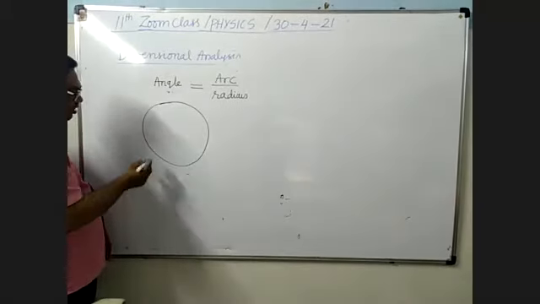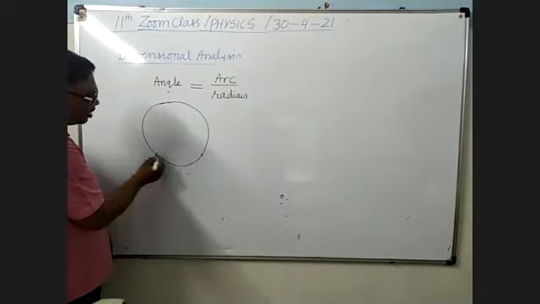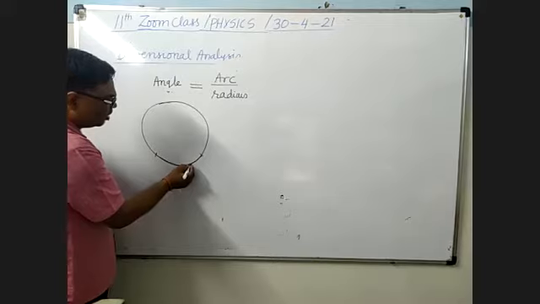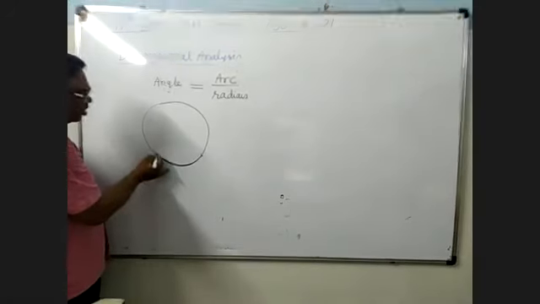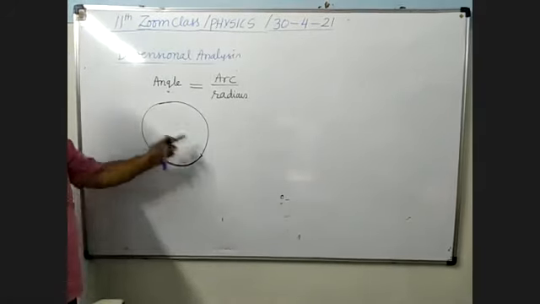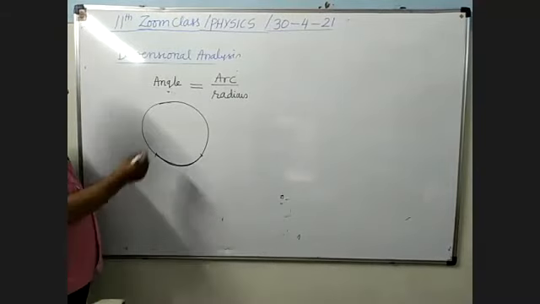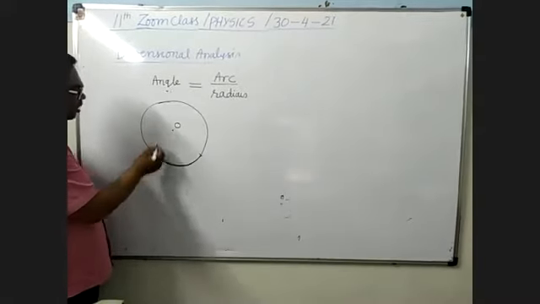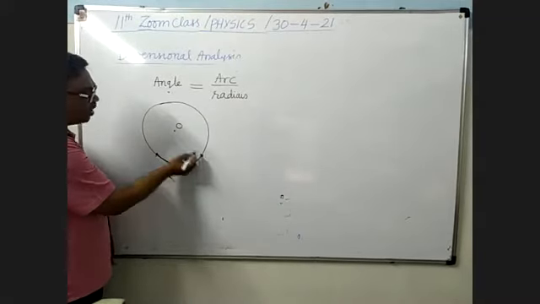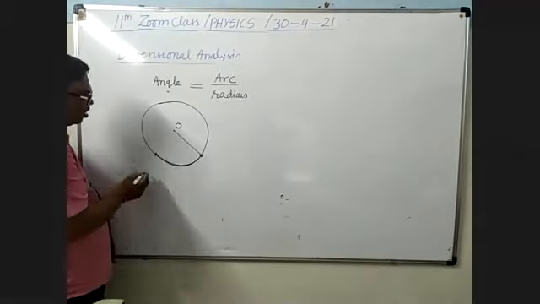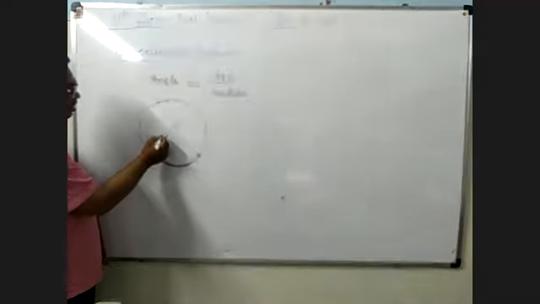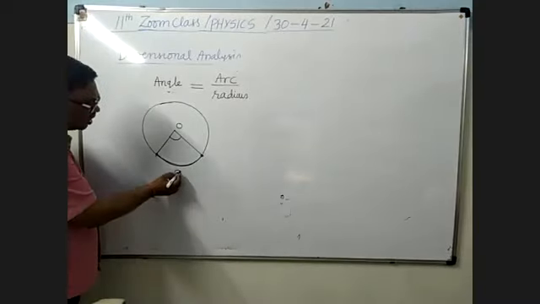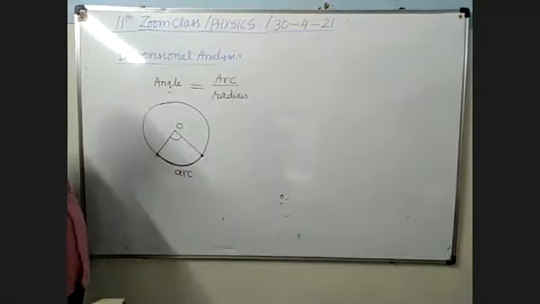See here, this is an arc. Arc means part of circumference of any circle or any curve. कोई भी कर्व होगा उसके circumference का part. Now it subtends how much angle at the center? You will join this point and this point with O. So this angle which forms towards the arc, जो आर्क की तरफ बन रहा है, ये होगा एंगल.